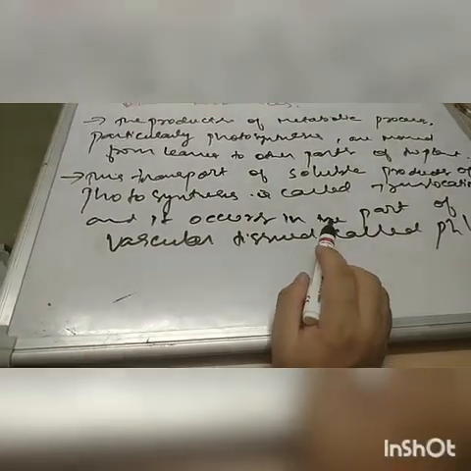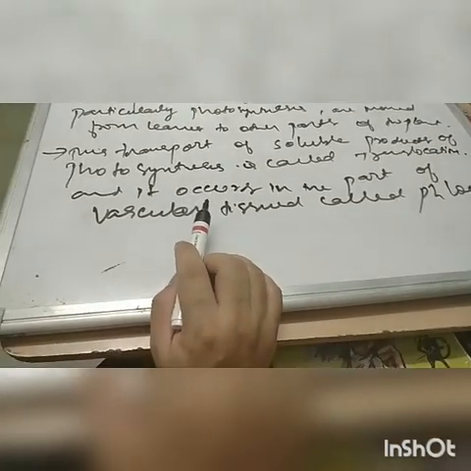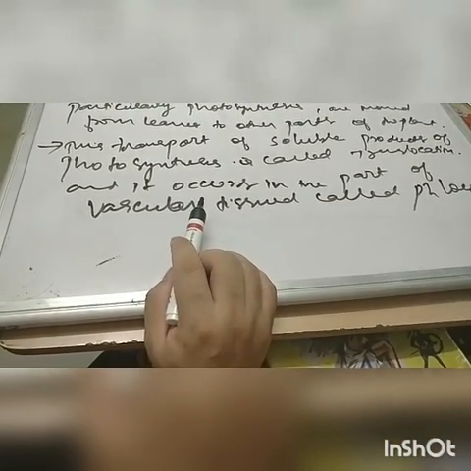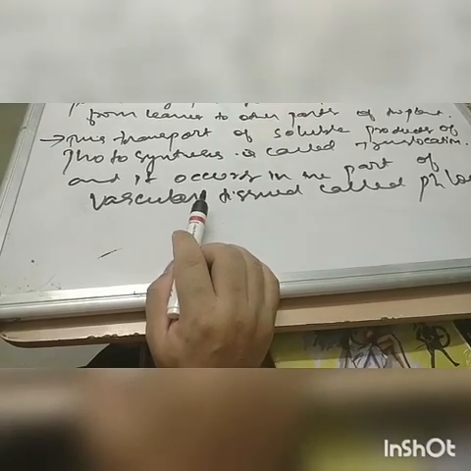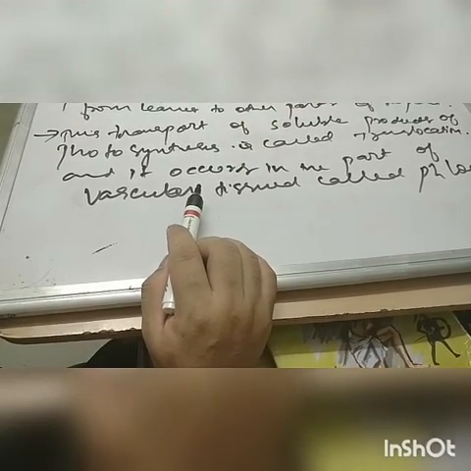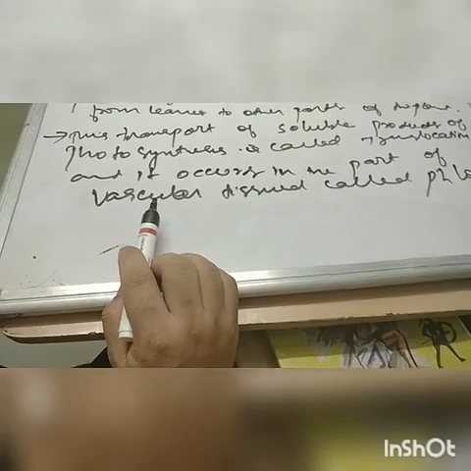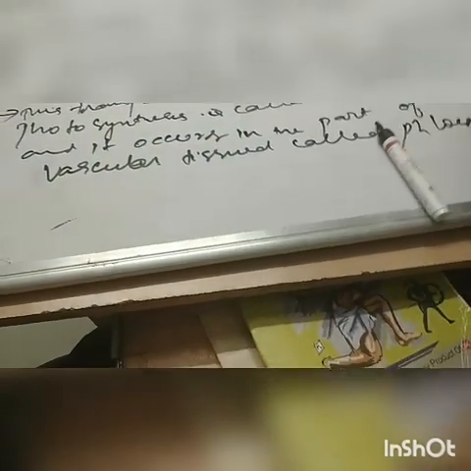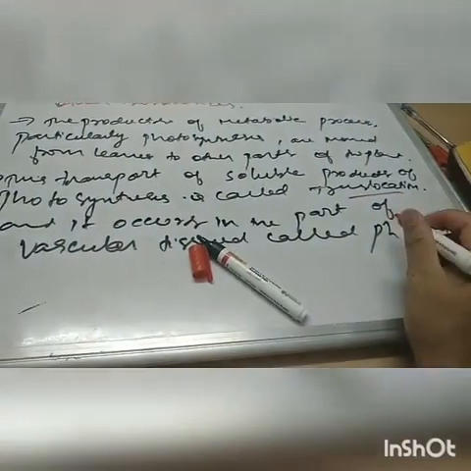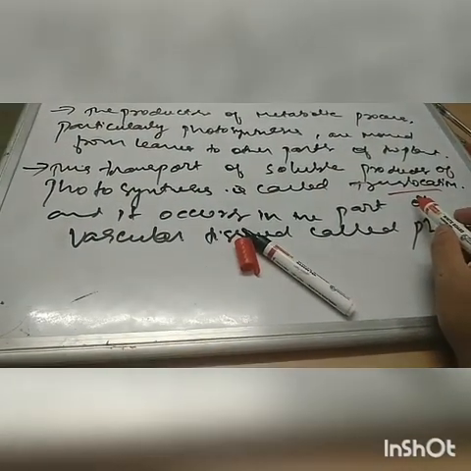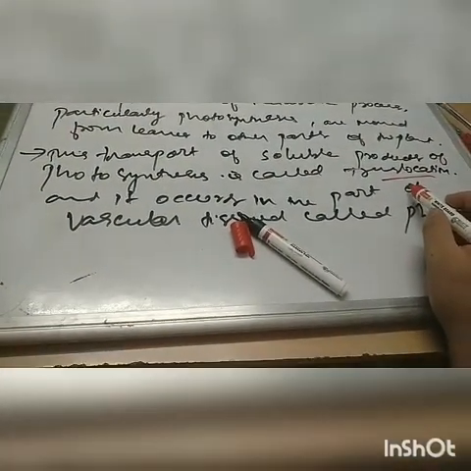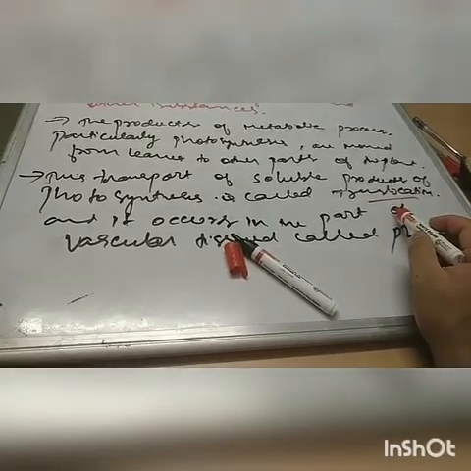Right. This second point is very important. The products formed as a result of photosynthesis, these soluble products, are transported, and this process is called translocation. The transport of soluble products of photosynthesis is called translocation.